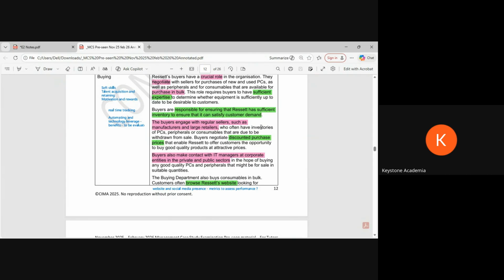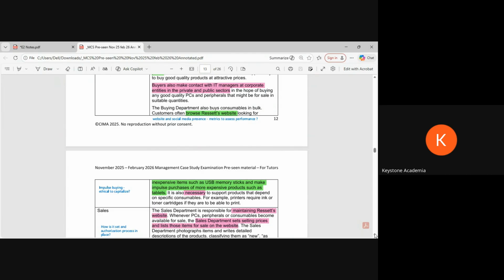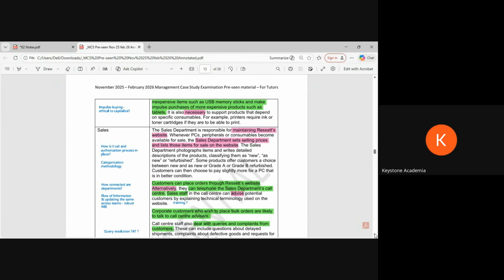Is it the same logistics company or the company from where we are buying? Whose responsibility is it? It may be another logistics company. So know the role of the buying and sales departments also.